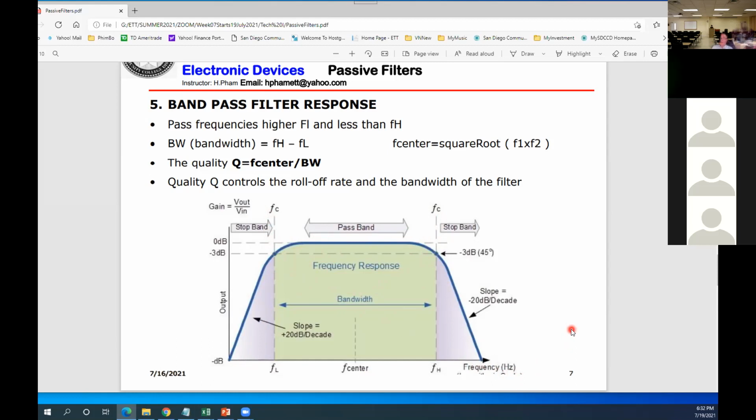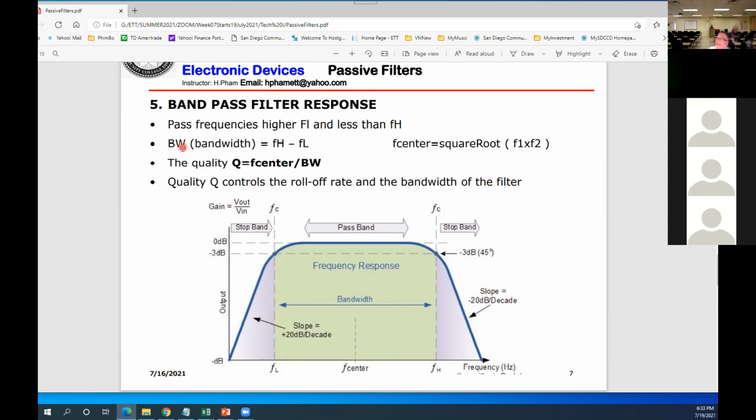That is a band pass filter, and most of the equipment uses band pass filters. Any question on this picture here?